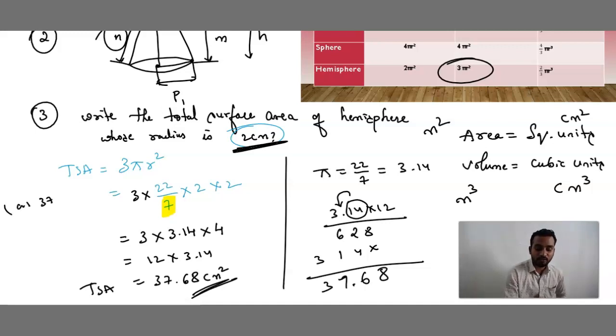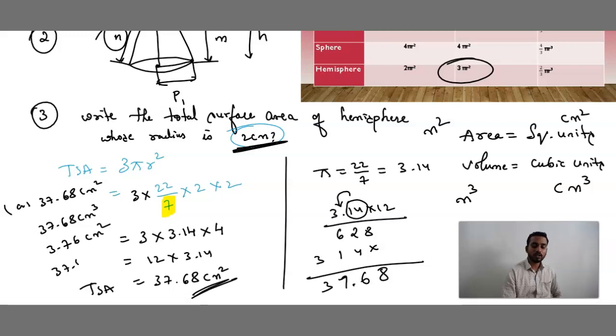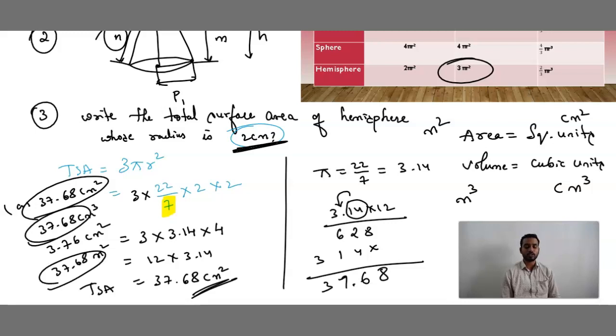See here carefully. 37.68 centimeter square, 37.68 centimeter cube, 3.76 centimeter square, or 37.68 meter square, something like this. Almost all the values are correct, 37.68, 37.68, 37.68. But what is wrong? The SI unit is wrong.